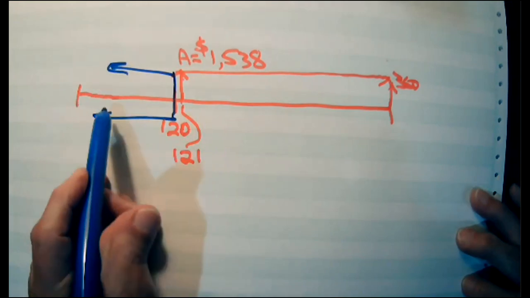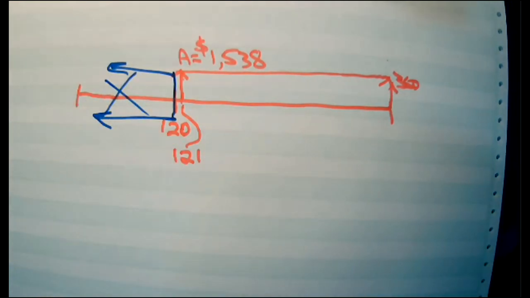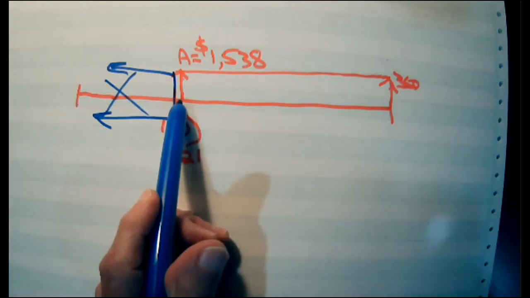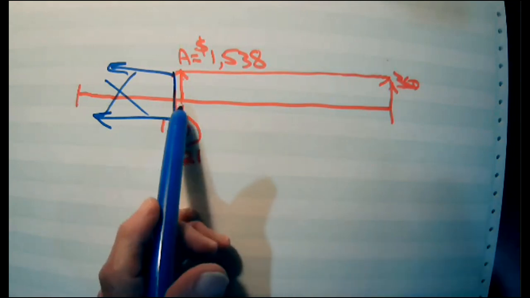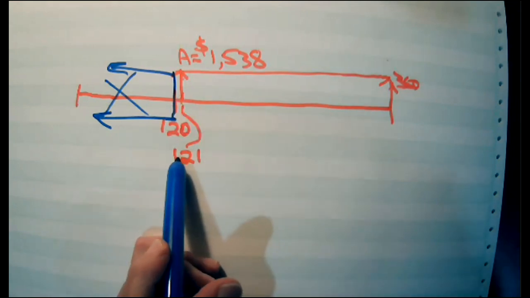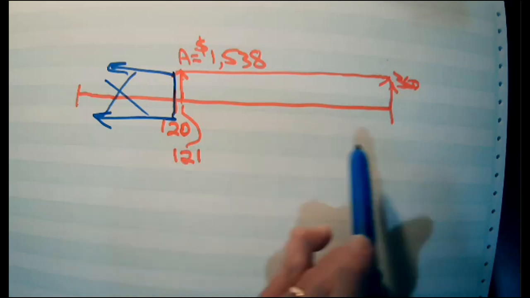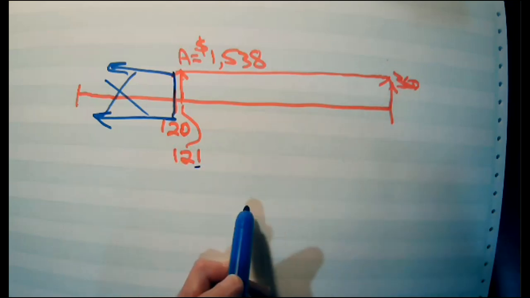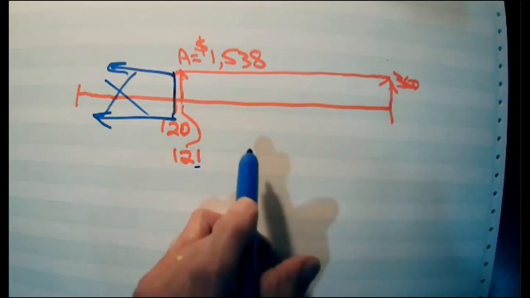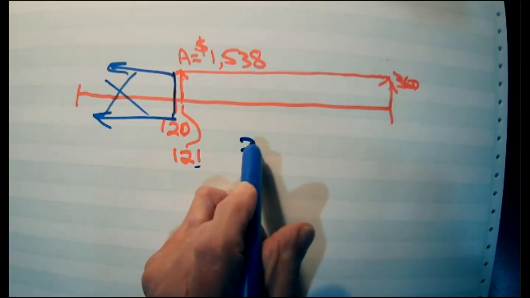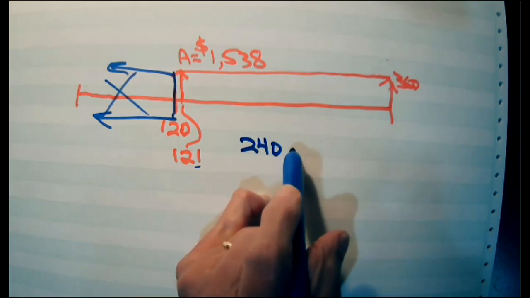All of the activity back here is sunk, right? We talked about sunk costs. That's sunk. And now, as we're paying this loan back, we would have from 120, starting with 121 to 360, that would give us 240 payments remaining.